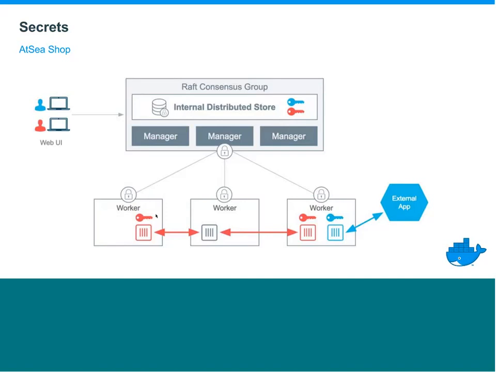The manager is very specific about which workers can have a specific secret, so secrets are not available to all the workers. The nodes themselves can't request secrets; they only gain access to them when they're given by the manager.